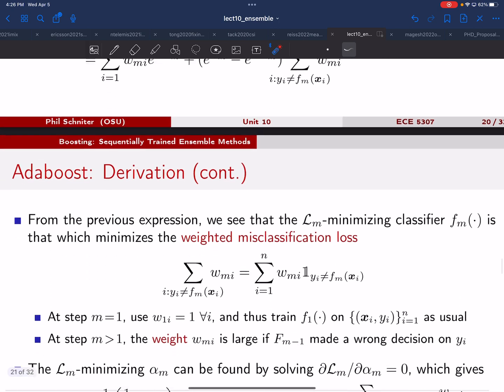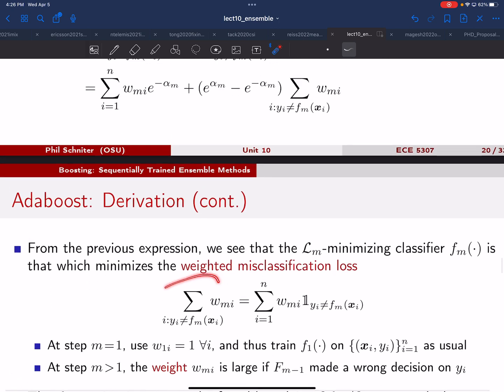Okay. So this is the thing we want to design. In terms of interpretation, this is just a weighted misclassification loss. Imagine that all the weights are 1, which is actually what we're going to do when we start out. Then we're just summing up all the times that we made a mistake, right? So that's just the number of errors.